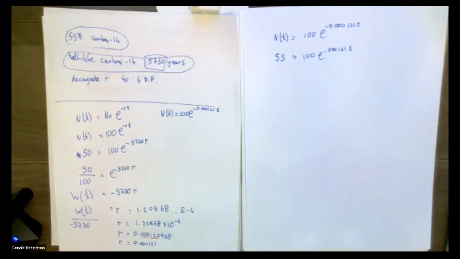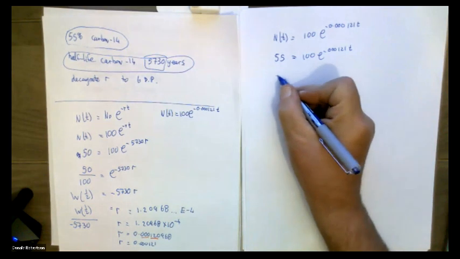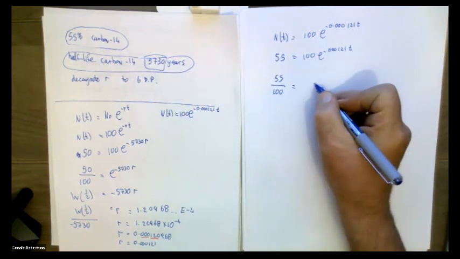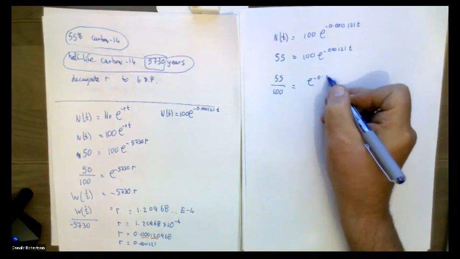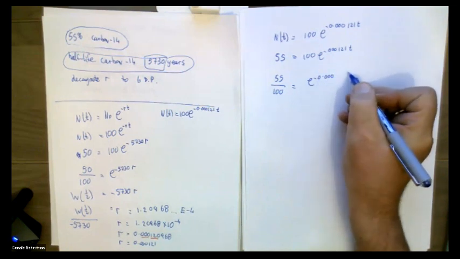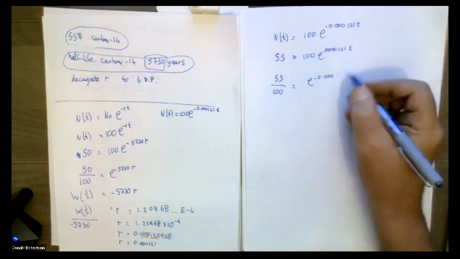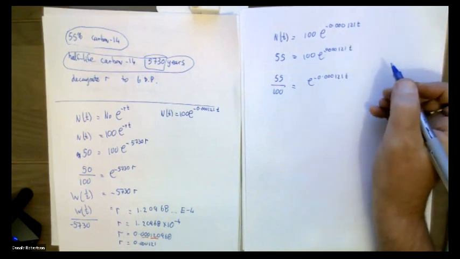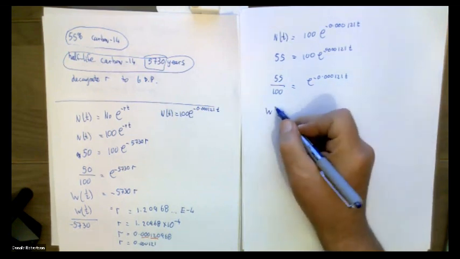Now you look at that, and it should be deja vu, because it is. It's going to be divide, natural log, divide. Divide both sides by 100. Take the natural log of both sides.